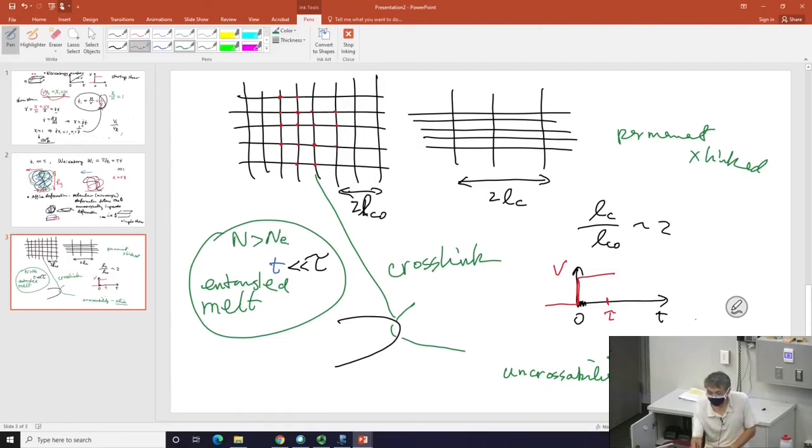As long as you are in this condition, then I can apply the logic I just spoke about for the cross-link system, because in that limit, I just claim that uncrossability acts the same as cross-linking. Then I'm as if I was dealing with a cross-linked system, and therefore it should be okay for affine deformation to hold as an approximate way to describe the response of my melt to external deformation.